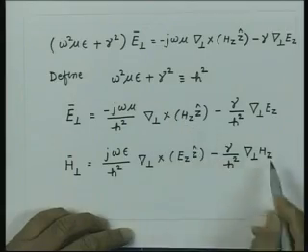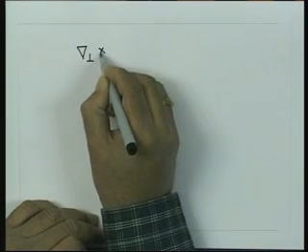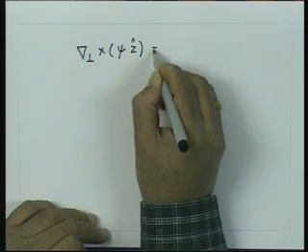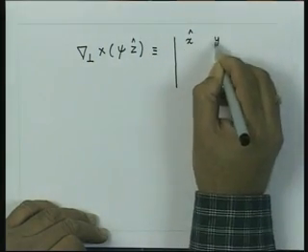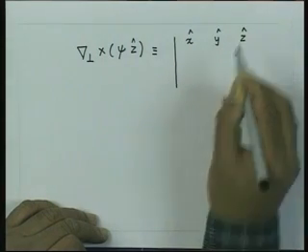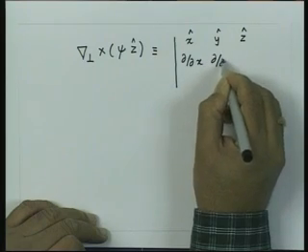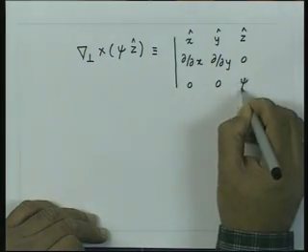So, if I have some scalar quantity psi, which can represent either Hz or Ez, then I can write del transverse cross some scalar quantity psi times the unit vector z, that is equal to the determinant with rows x, y, z; d by dx, d by dy, 0; 0, 0, psi.